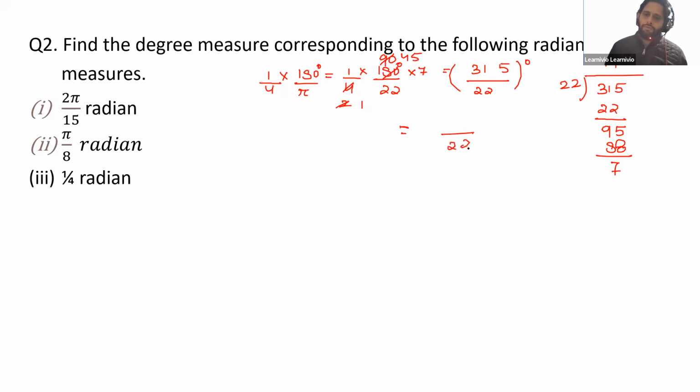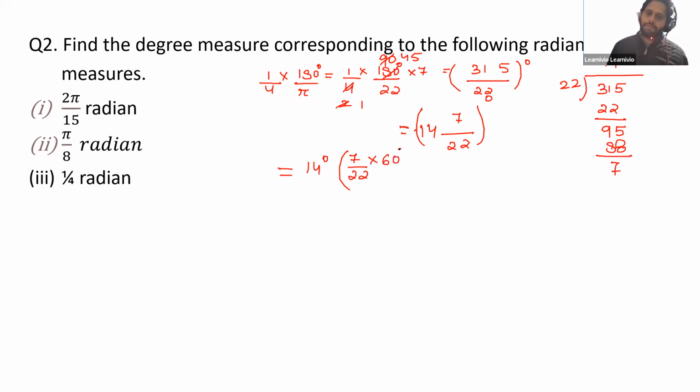Remainder is 7. Now this complete is the degree. We will separate the integral part. We will get 14 degree here, and this 7 by 22, we will convert this into minutes.